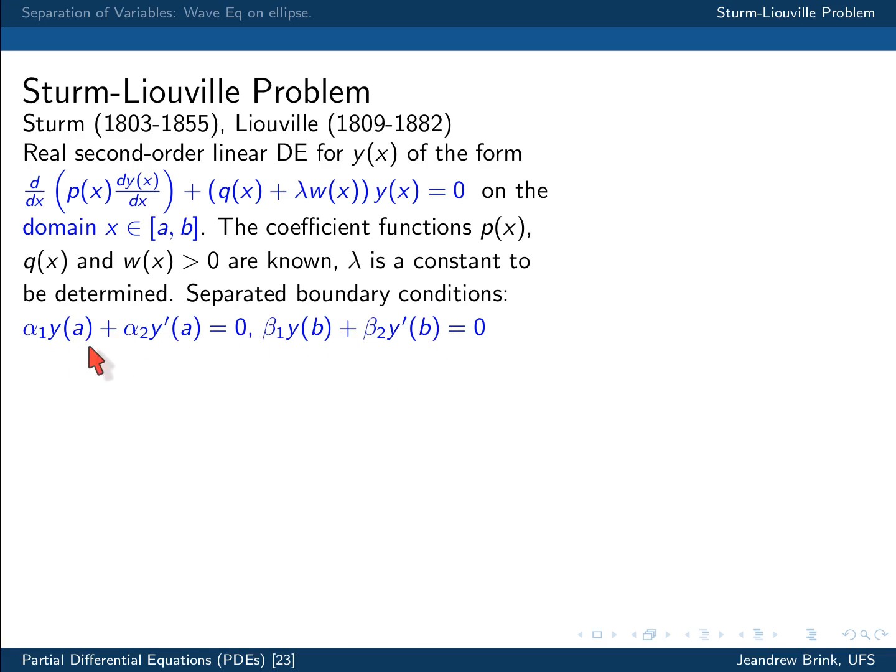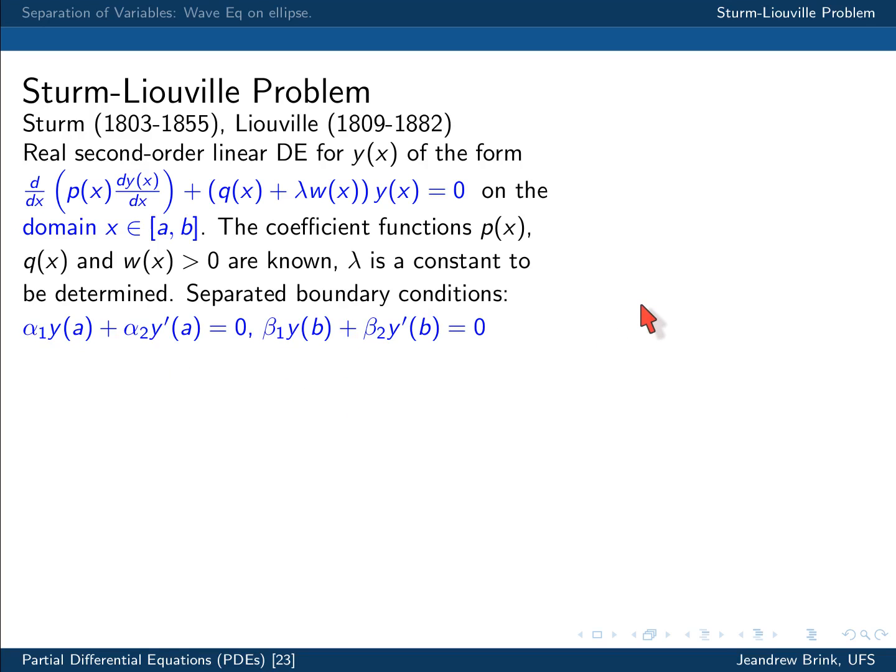So for example, at a, if alpha 2 is equal to 0, you've basically specified that y(a) is going to be 0. If alpha 1 is equal to 0, you specify that the first derivative of y is 0, but the value of y itself is free. And similarly at point b.